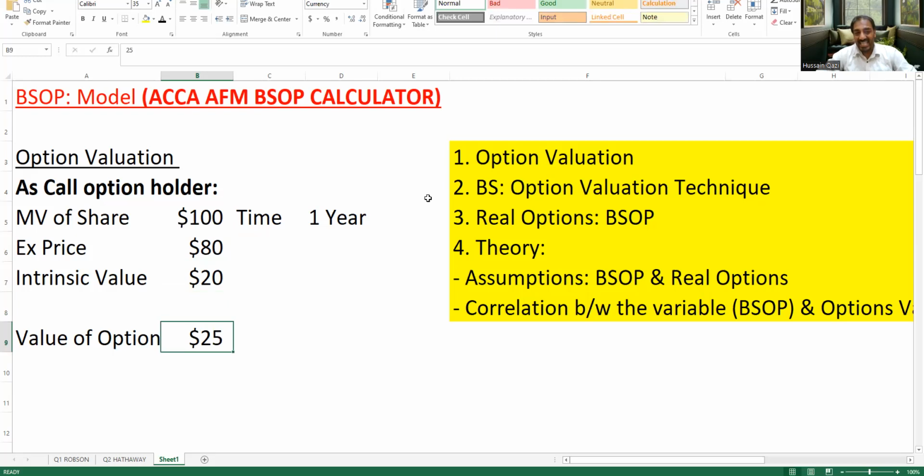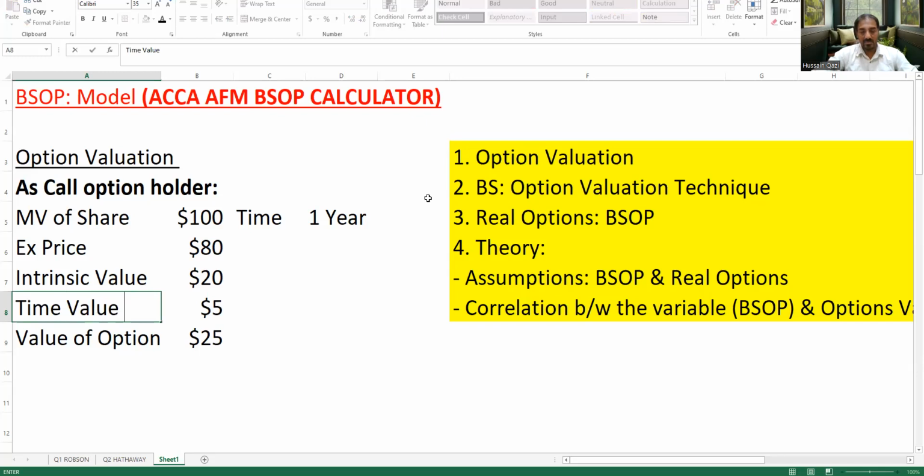I can say that this option is right now trading at $25, but the immediate value is $20. So the difference of 5 is actually the time value.